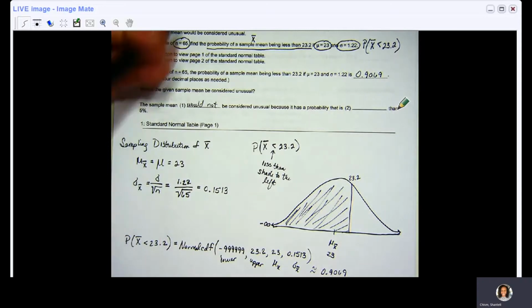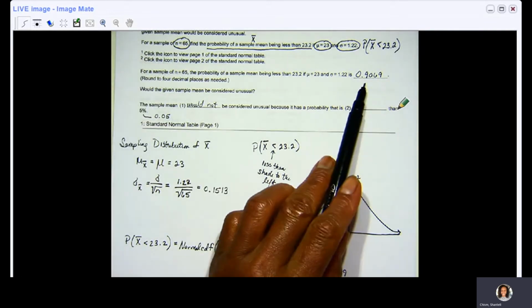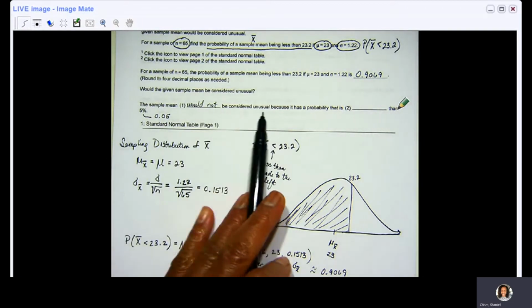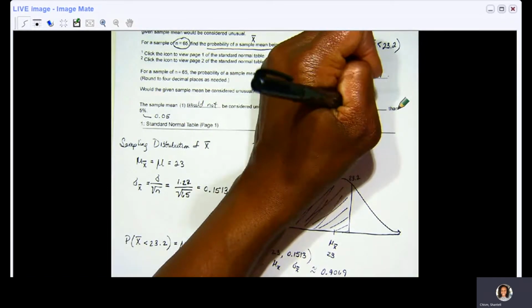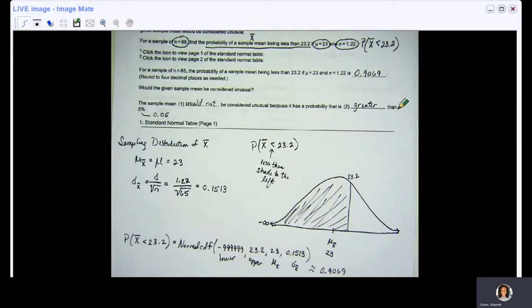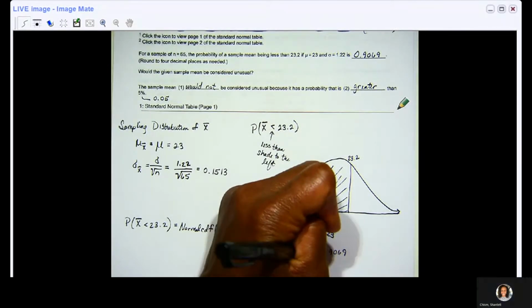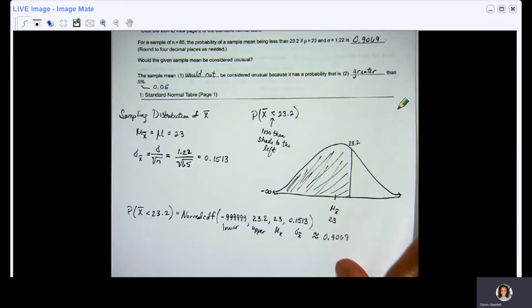Remember, 5% as a decimal is 0.05. Okay, so a probability of 0.9 is way bigger than 0.05. So this would not be unusual because it has a probability that is greater than 5%. Okay, that is number 4.